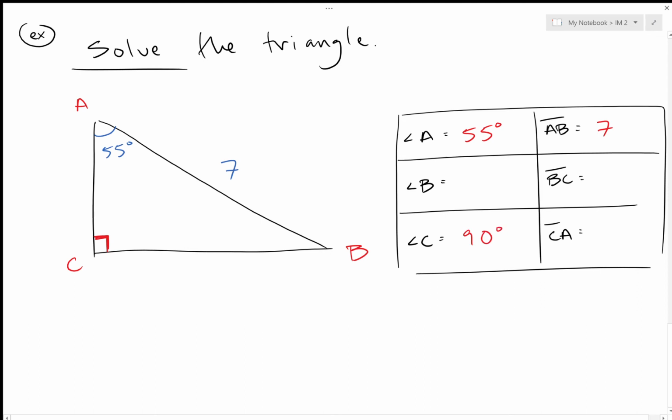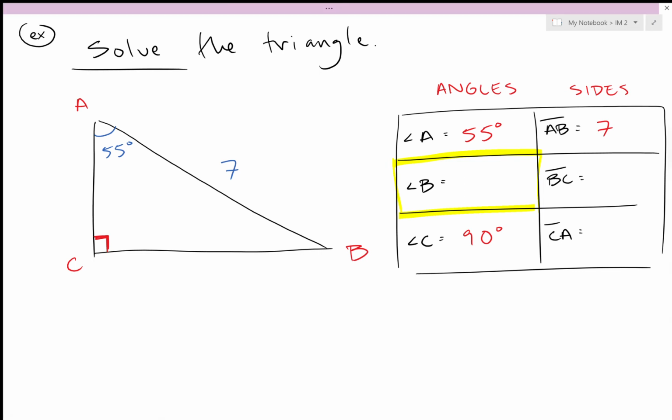So we always want to start on the side of the table that has 2 pieces that we know. And we want to find the third one, so we're actually going to find angle B first. Okay, we have 2 angles, I want to find the third angle. And remember, 2 angles, finding the third angle, everything adds up to 180, so let's do that. So I've got a 90 and a 55.